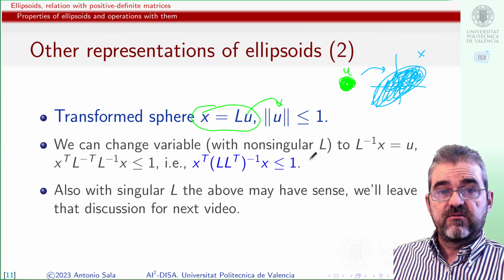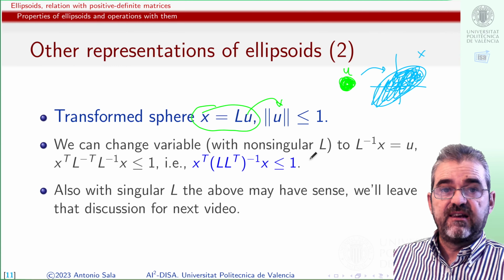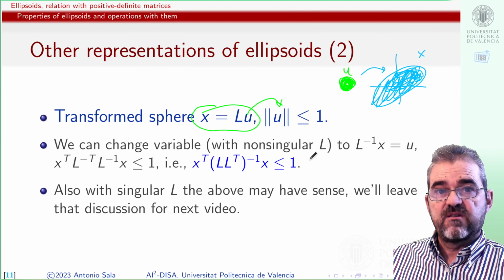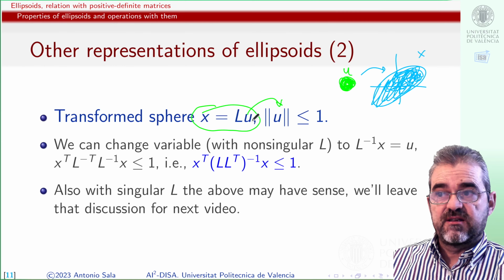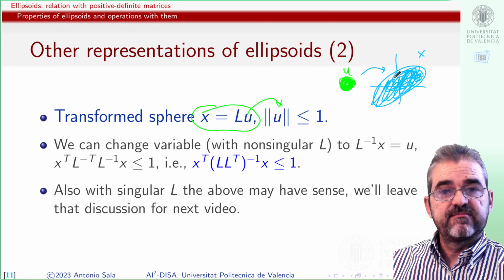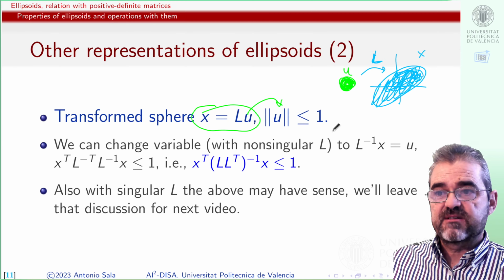Why is it so? Well, this will be related to the singular value decomposition of L. More on that in the next video. For the moment being, let us check that indeed this geometric body verifies the equations of an ellipsoid.